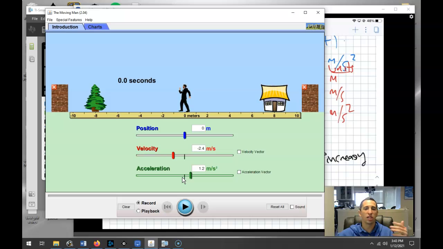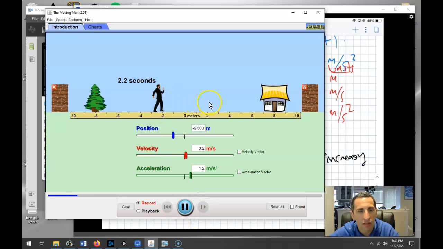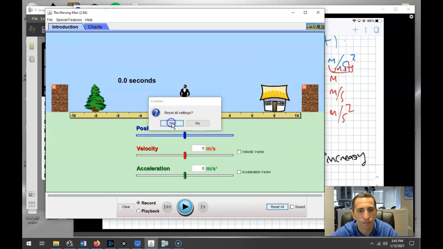If your velocity starts at -2, then maybe it goes -2, -1, 0, 1, 2, 3. If it keeps increasing, eventually it'll turn into a positive number. So look what happens here. We're going to start with a negative velocity in red, and then the acceleration is going to be positive. So he starts off moving negative, but then his velocity keeps becoming more positive, and he starts speeding up and going more and more towards the positive direction.